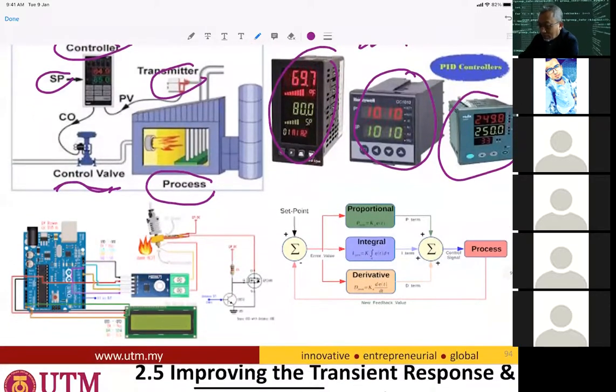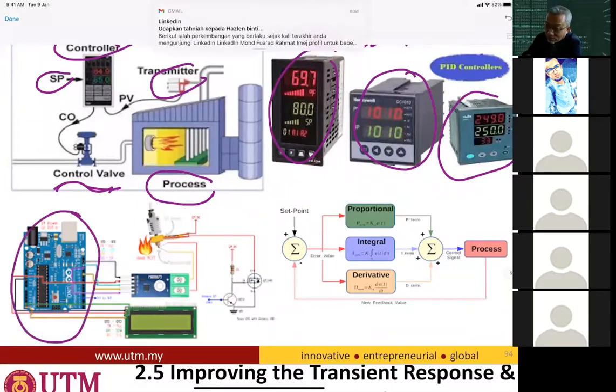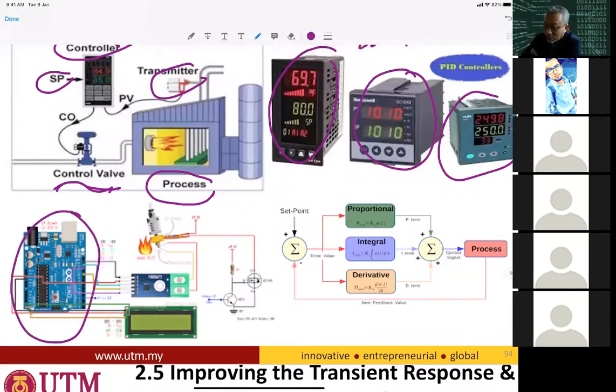And then you can also use Arduino Uno. During the internship, you can propose to apply the PID controller. So this one is for the spark plug control, using a PID controller.